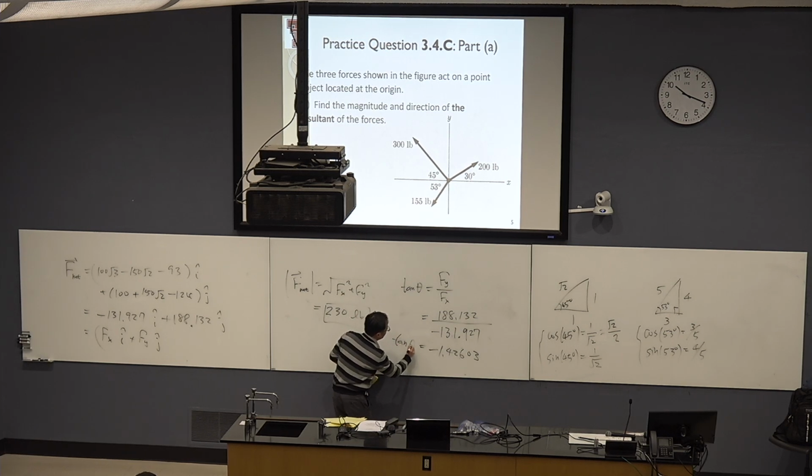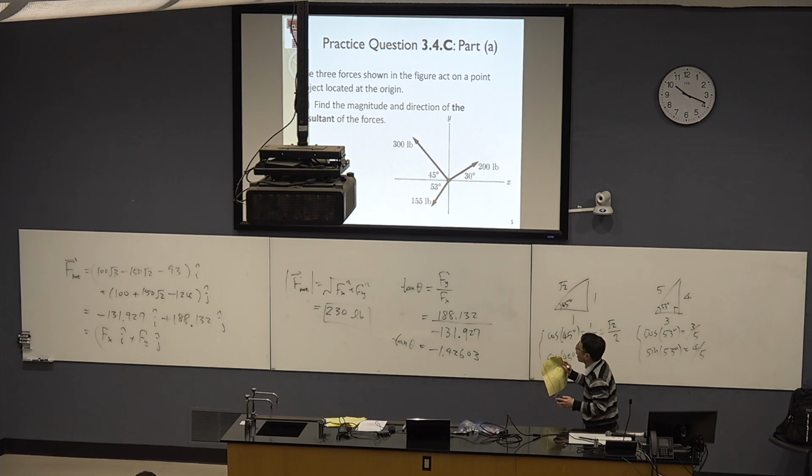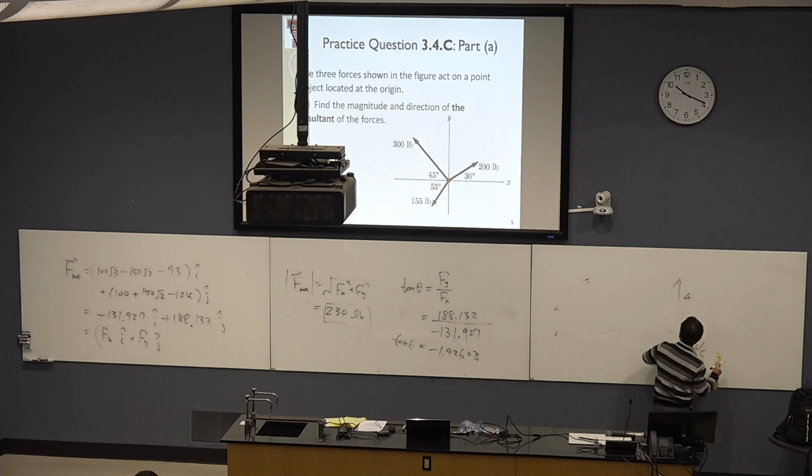Once you have obtained tangent theta, we want to obtain theta, right? We want that angle. So inverse tangent. But before I do the inverse tangent, I would like to know what the vector looks like.